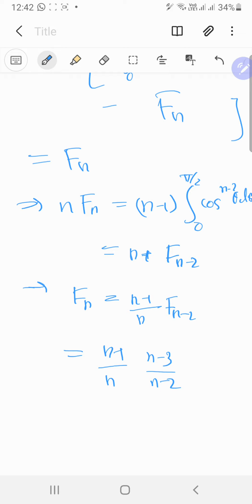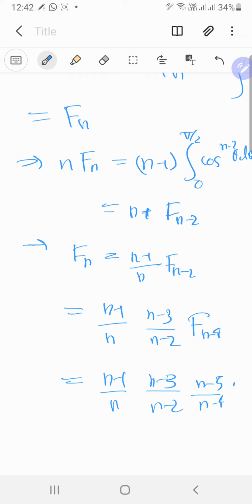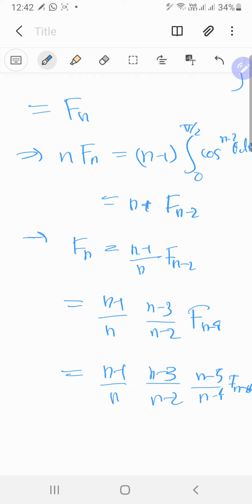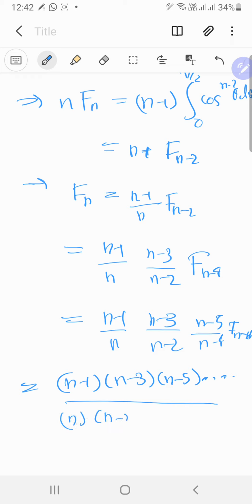So f of n is n minus 1 upon n, times n minus 3 upon n minus 2, and then n minus 5 upon n minus 4 times f of n minus 6, and you can see where this is going. This can be written as n minus 1 into n minus 3 into n minus 5, and so on, upon n into n minus 2 into n minus 4, and so on.